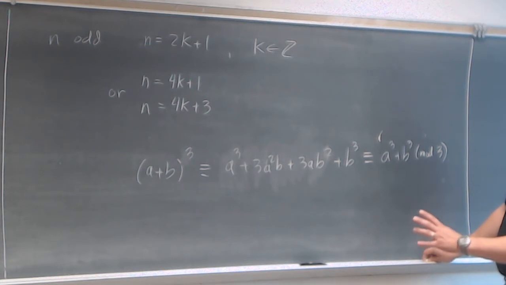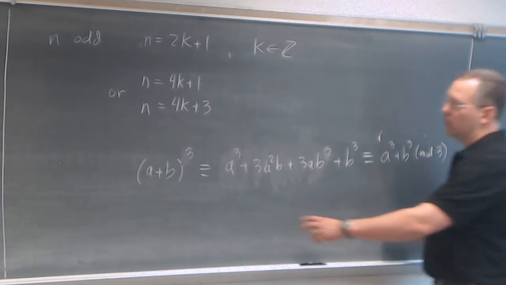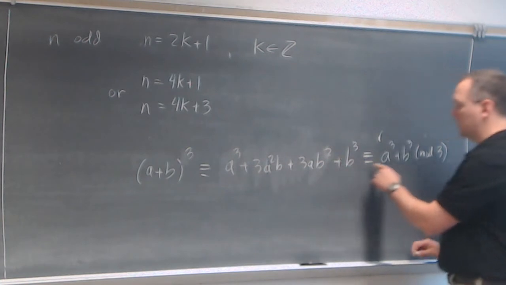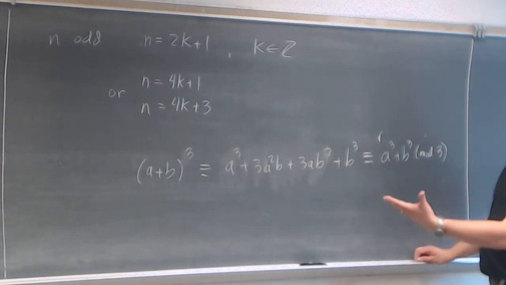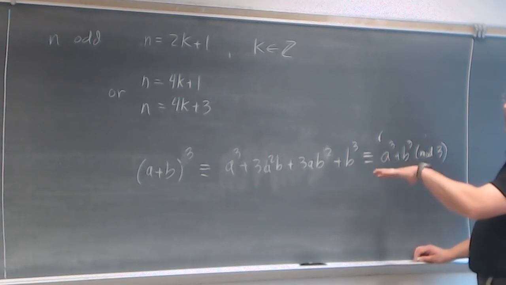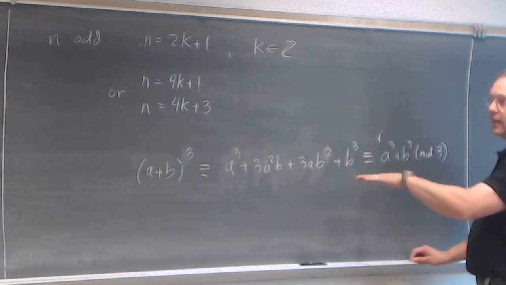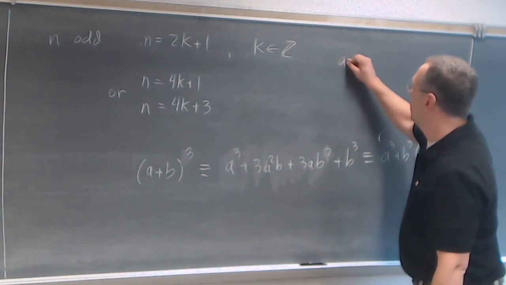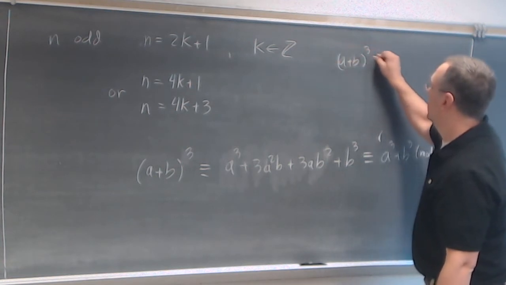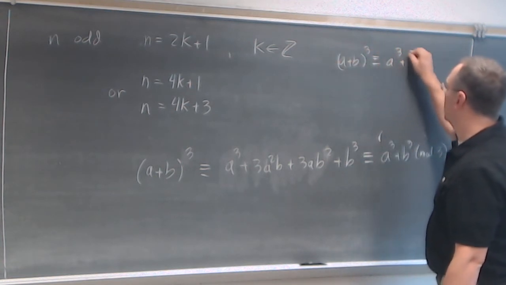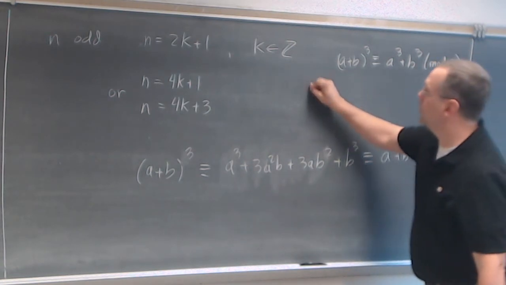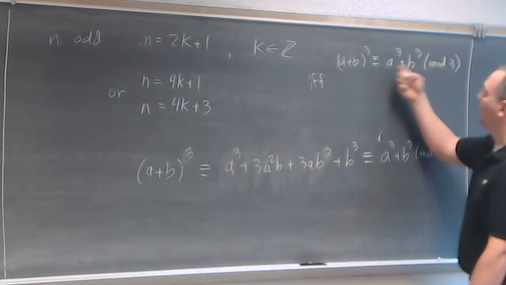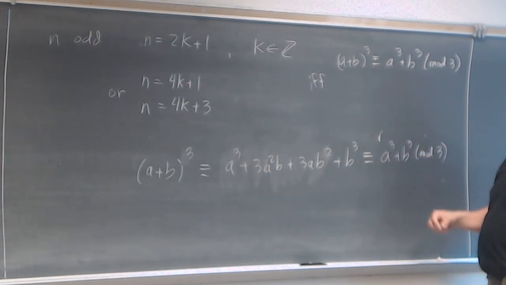So again, you don't want to start off saying, let's assume that a plus b cubed is congruent to a cubed plus b cubed. You can do that if you want, but if you start that way, you would say a plus b cubed is congruent to a cubed plus b cubed mod 3. Then you would say if and only if, and some people use the definition of congruent, which is fine.